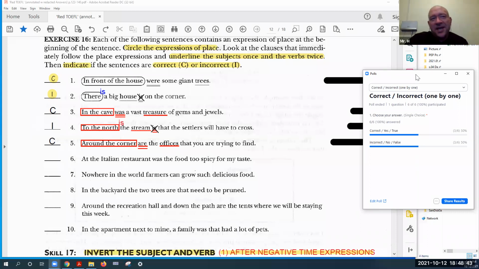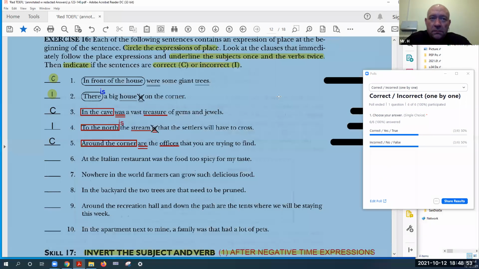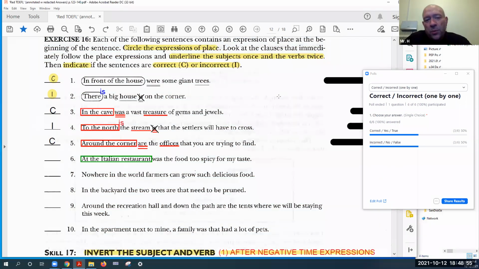So Rita, let's take a look at this. Can you find a place expression? At the Italian restaurant. Okay. So here we go. He inverts the order. The food was too spicy for my taste. It's complete.